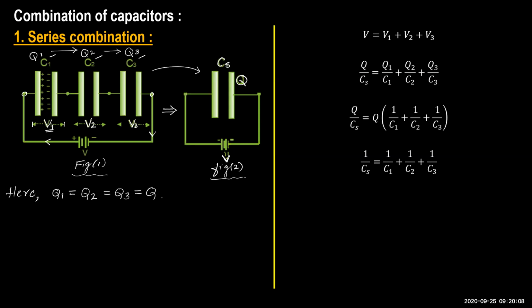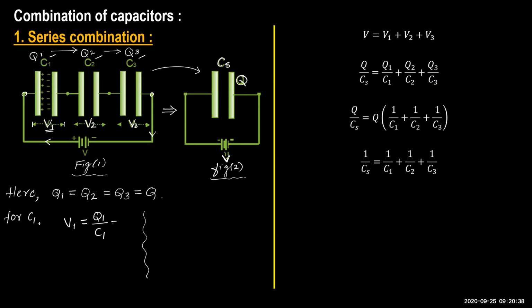Now we have to consider the relationships for these two. How can V1 be given in the case of the first capacitor? For capacitor C1, V1 is nothing but Q1 divided by C1.